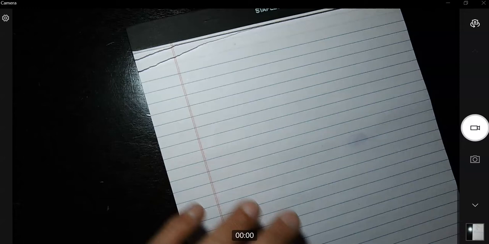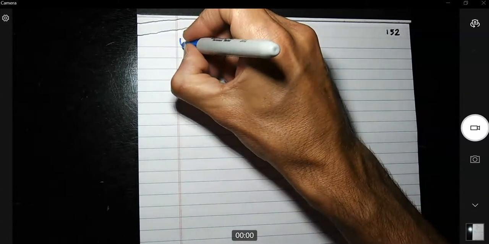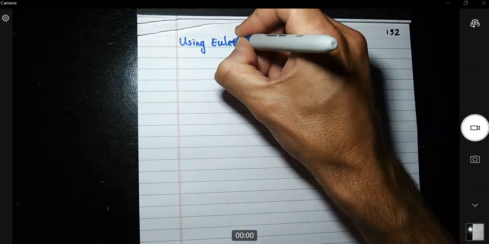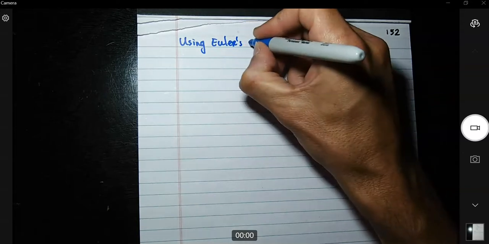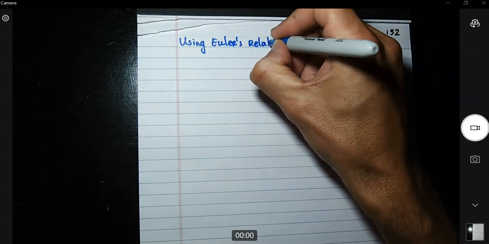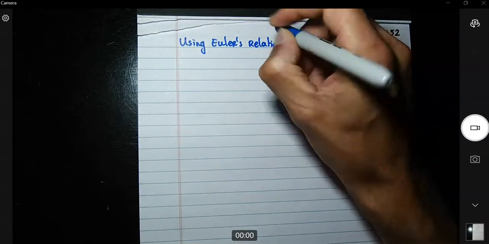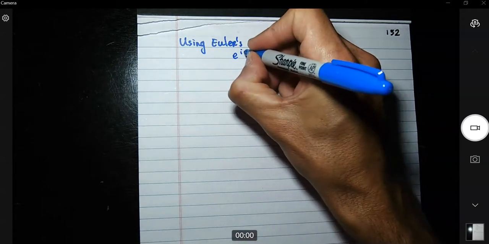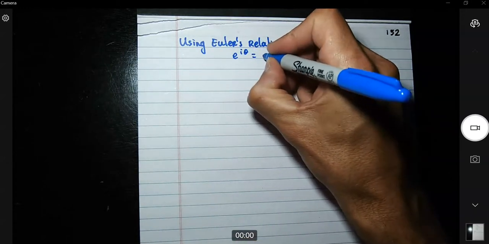So page 152. Now what I'm doing is using Euler's relations, which are what? I'm sure you remember this expression, e to the I theta is equal to what?